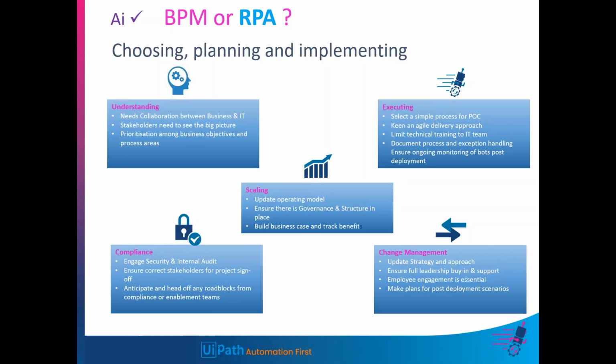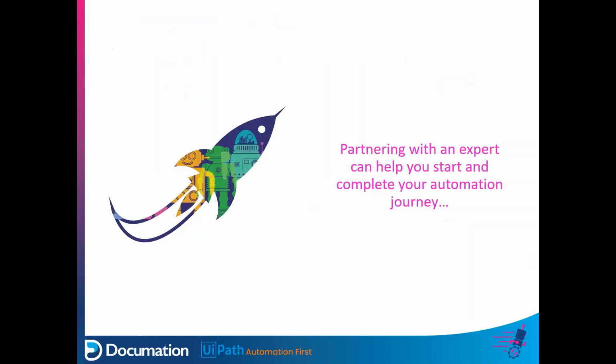If we are buying into the right tools and the right mindset, there's no reason why that automation can't spread throughout the organization. So we need to make sure right from the get-go that we've got a proper governance and structure in place, and that we're monitoring and tracking our business cases and the benefits that we're gaining.